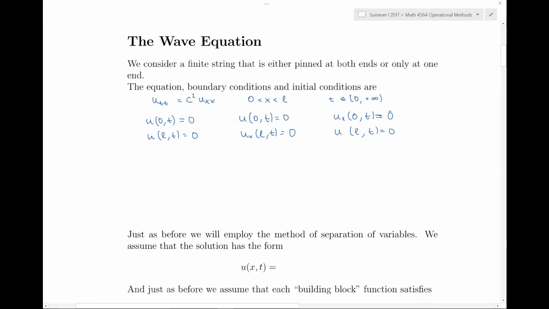So it's probably very intuitive to understand that if we set function u to be 0, then we're fixing the end. Why is it that when the end is not fixed? What do I mean by not fixed? We can think about a string being stretched between two positions, x equals 0 and x equals L. So by fixing the position to be 0 in terms of the motion of the string, we're fixing the end.